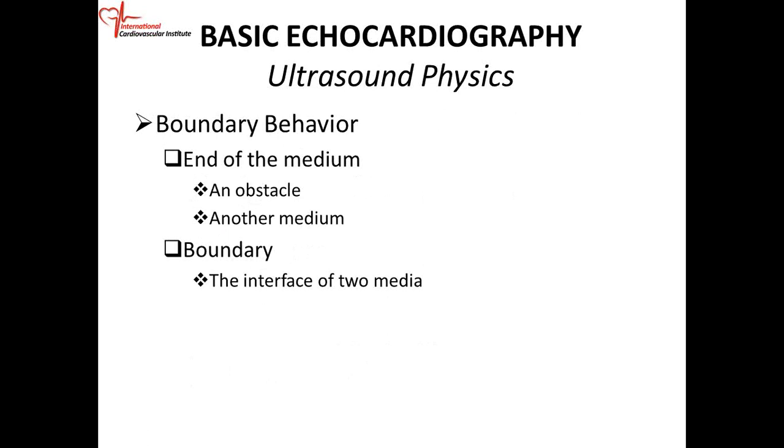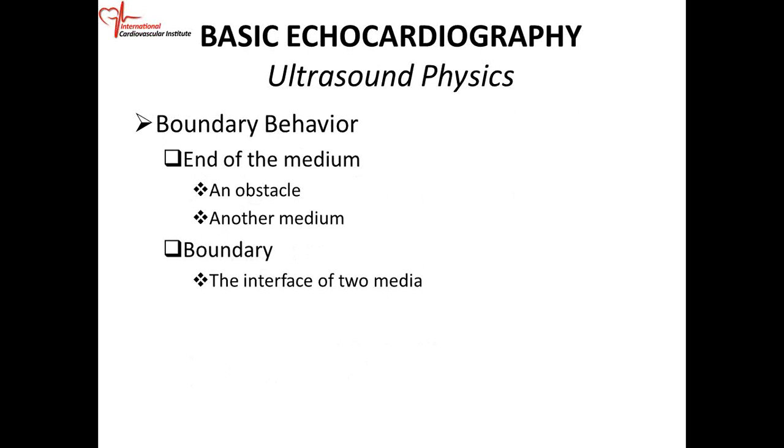All right. So when we talk about boundary behavior, when we did incident and reflected waves, that is what we call boundary phenomena. When a wave strikes a boundary or an obstacle, it moves from one medium to the next. The separation between the two media is what we call the boundary.